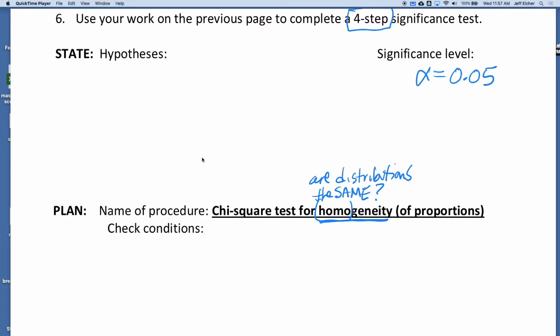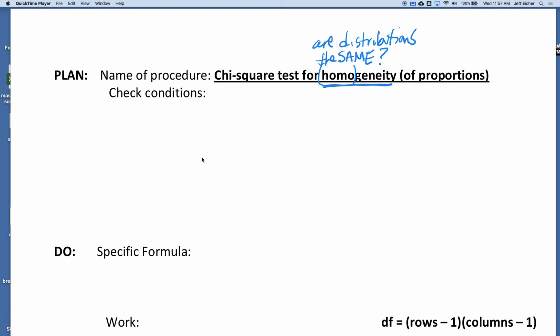That's one way to remember homogeneity of proportions: are the colors the same in these two separate distributions? So that's the name of this chi-square test. We've had goodness of fit and we have homogeneity. For the conditions, we're assuming that we took a random sample, two random samples, one from each brand.